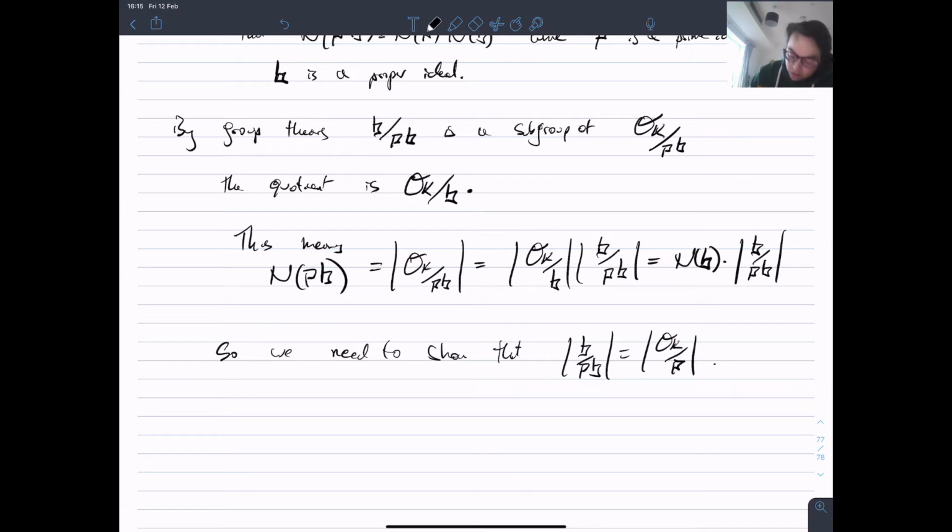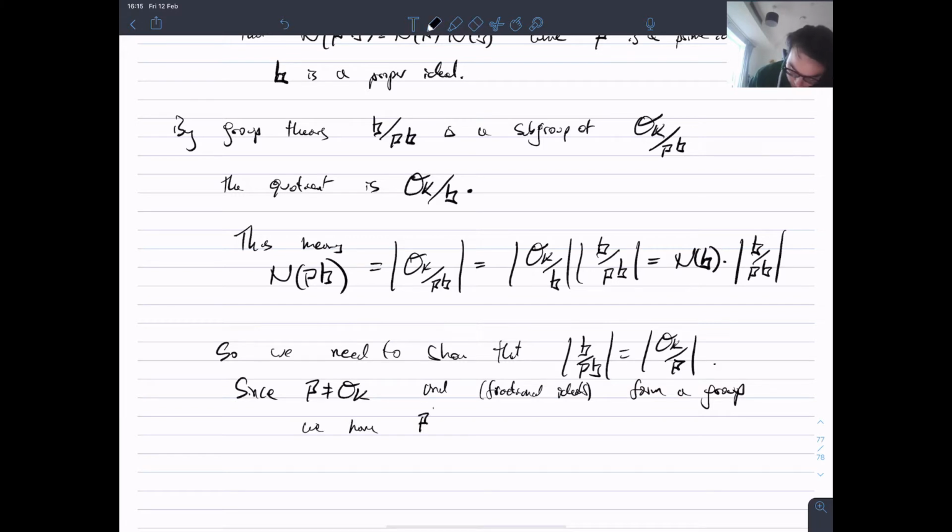Great. So since P is not the whole thing, it's some non-trivial prime ideal, and fractional ideals form a group, we have the following.